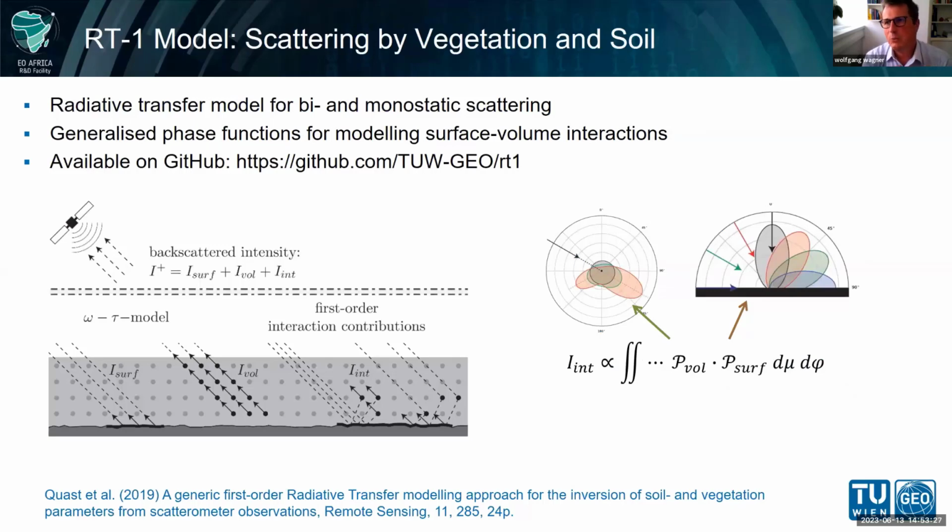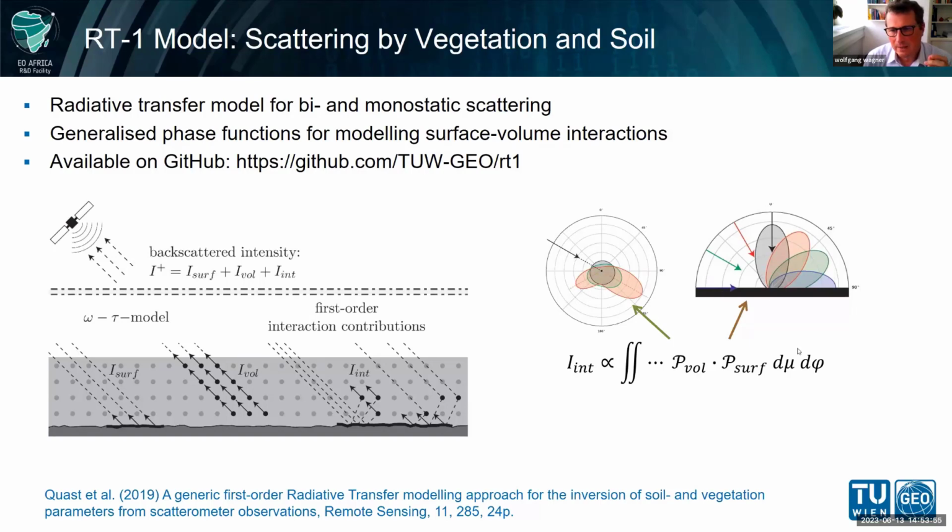This RT1 model is already quite a complex model in which we try to characterize the vegetation scattering properties through a phase function. So imagine you have an incoming radar beam, and here's the vegetation element. We can, for example, say, give us so much forward scattering and so much side scattering. So this function can be defined.